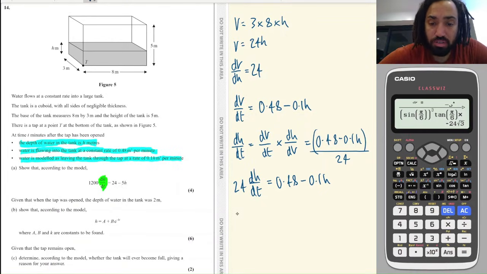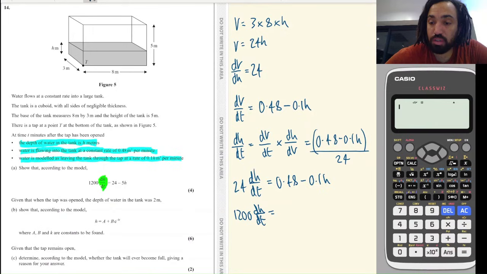So I think if I just times everything through by 50, I'm going to get what they asked for. I should double check that, I don't want to make a mistake here. 0.48 times 50 is going to be 24, yeah, okay, that's nice. Okay, so 24. And then minus 5h.